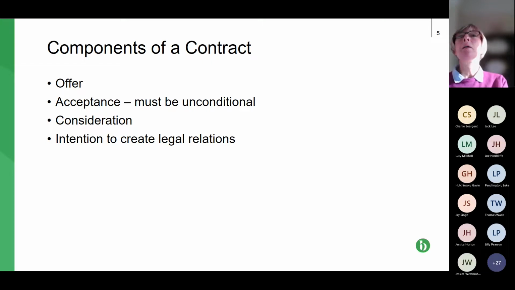It can't be, I want you to do work X plus a little bit, or, happy for you to do work X, but I'm not happy with your price, I want a reduced price. That's effectively a counter offer, which is in itself open to acceptance. So bear in mind that the acceptance must be unconditional.